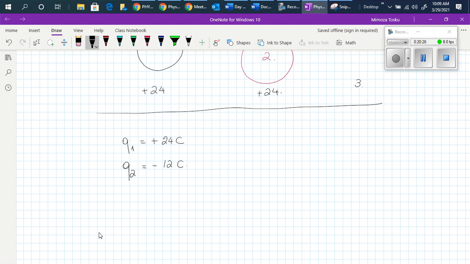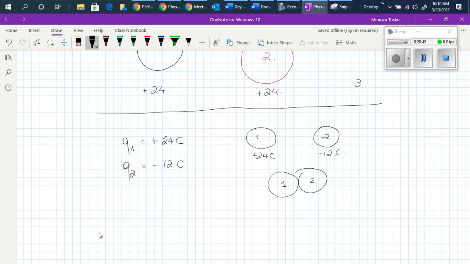They are apart from each other, and then we put them in contact with each other.